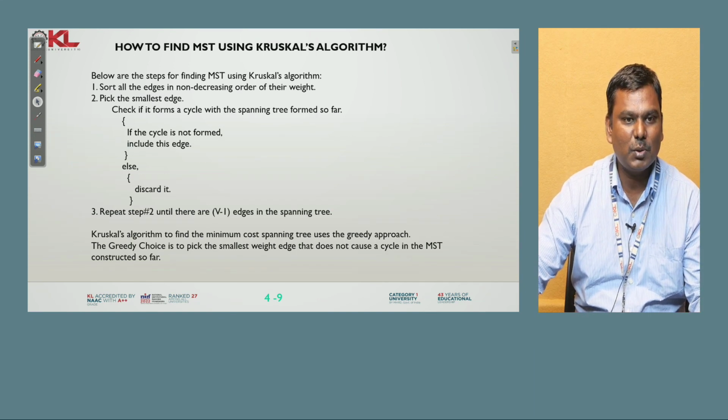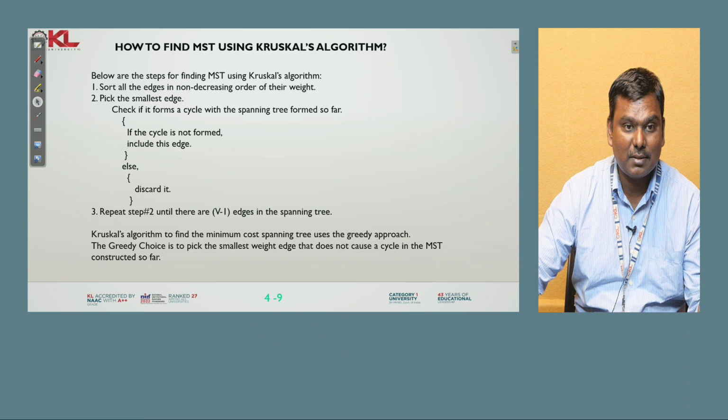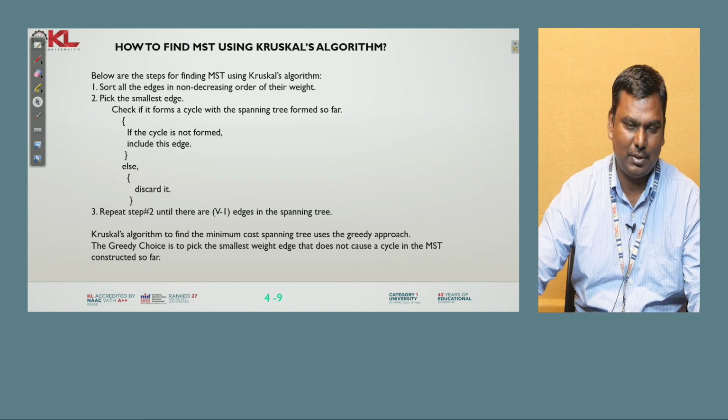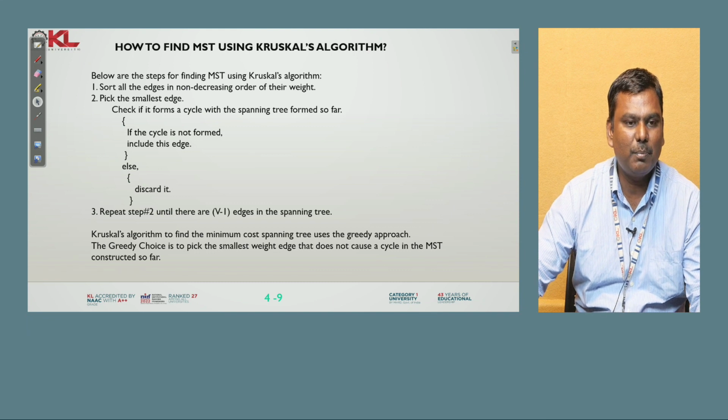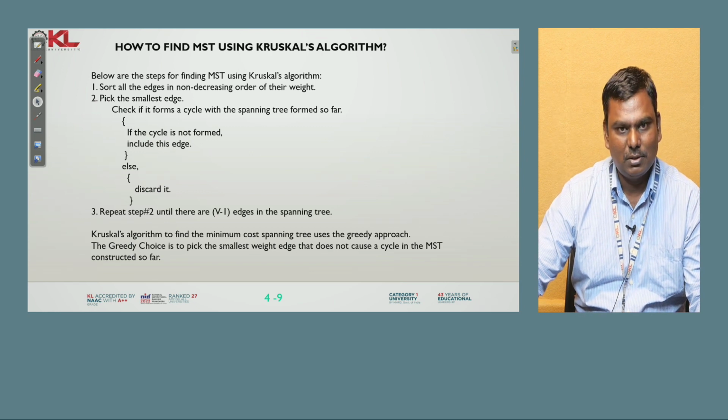When we pick the smallest edge, if it does not form a cycle, we include this edge. Otherwise, we discard that edge. When it forms a cycle, we reject that edge. Third, repeat step 2 until we have V minus 1 edges in the spanning tree.